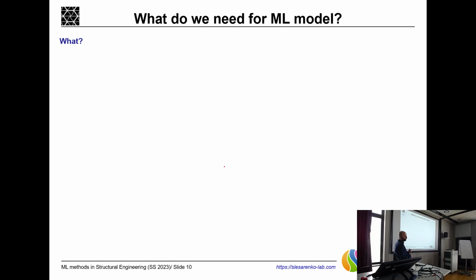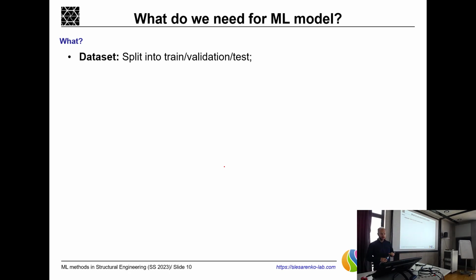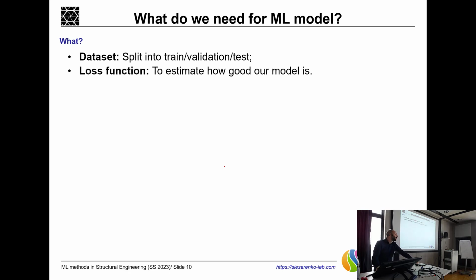That's one of the main things, and I think number one: usually the dataset, split into train, validation, and test. And what else do you need to do with your model during training, after each epoch? Yes, you need the definition of a loss function for a particular model.